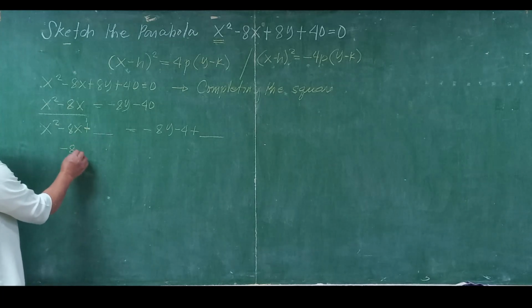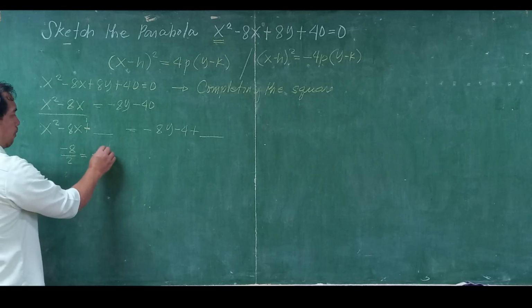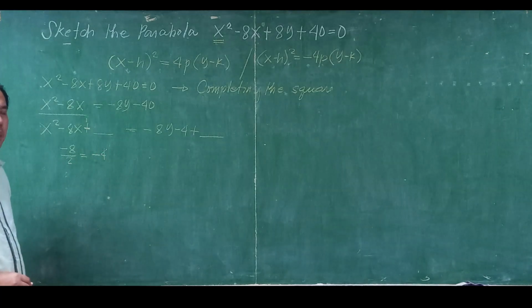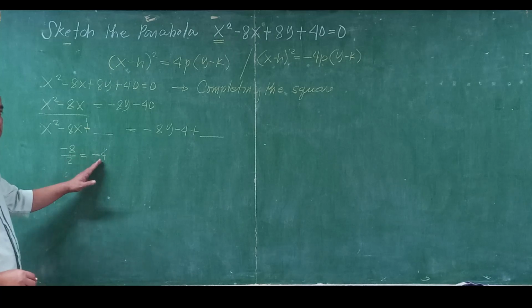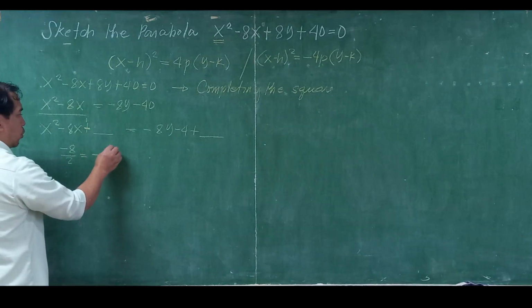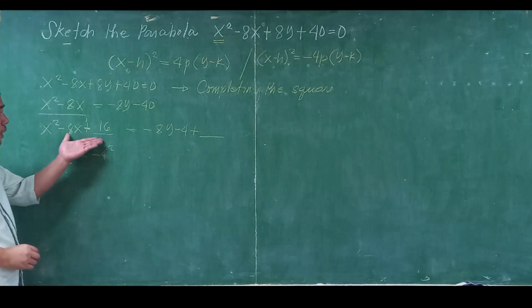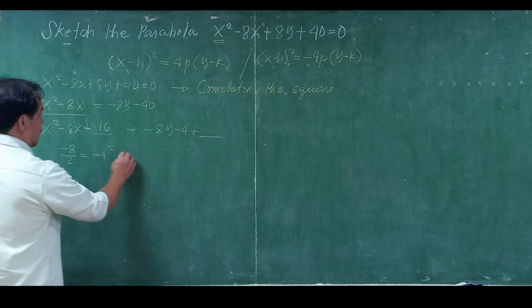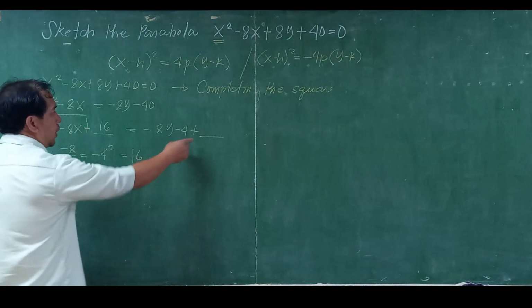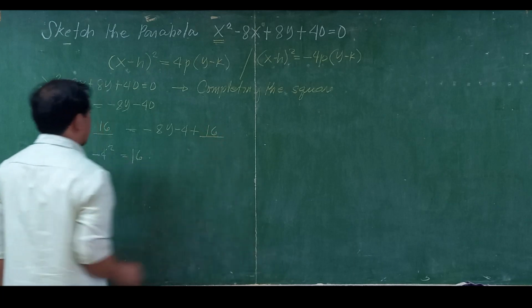Negative 8 divided by 2 will give you negative 4. Now, negative 4 is being raised to the second power, and that will give you positive 16. If you added the positive 16 here, you have to add it also at the right side. So that is the same as plus 16.